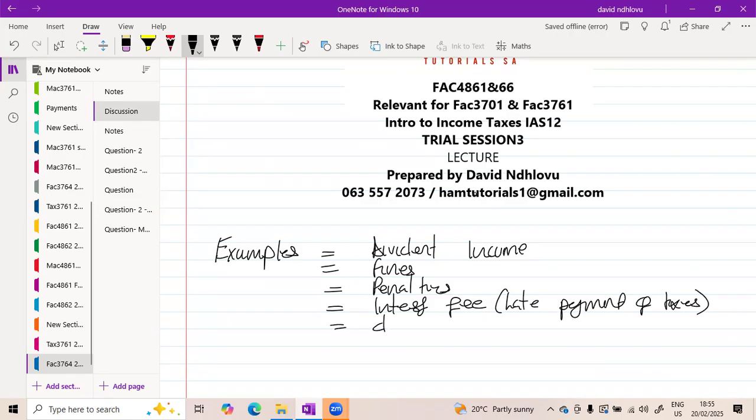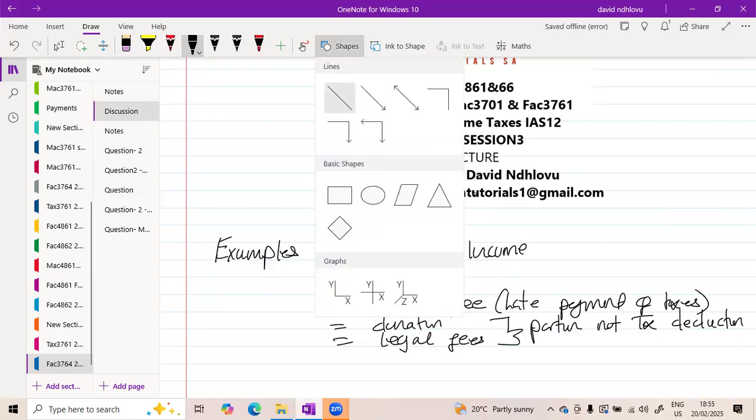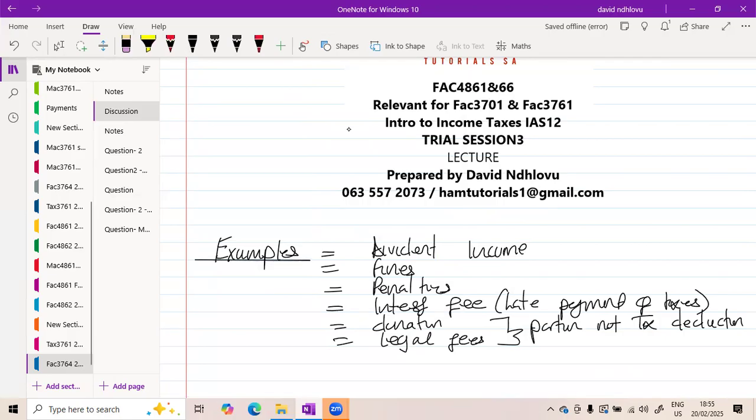Donations. Legal fees. What you want from this portion, say 20%, not tax deductible. So they will tell you in a question, they may say maybe 20% is not tax deductible or 60% is not tax deductible. So what you want to account for here under the exempt differences is the portion that is not tax deductible.